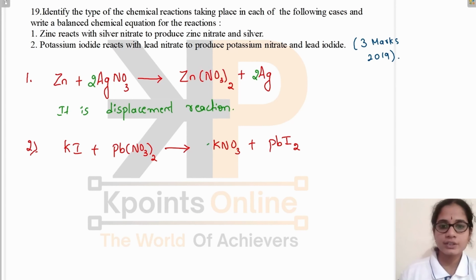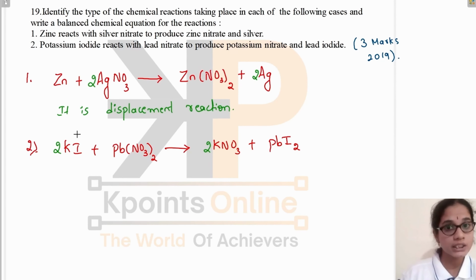I can write here 2 so that the nitrate ion is balanced on both sides, or you can take single elements and balance it. But once you become used to it, it is very easy to balance it in a single step only. Okay. So now the potassium atom also needs to be balanced. See, check. Now the whole equation is balanced.